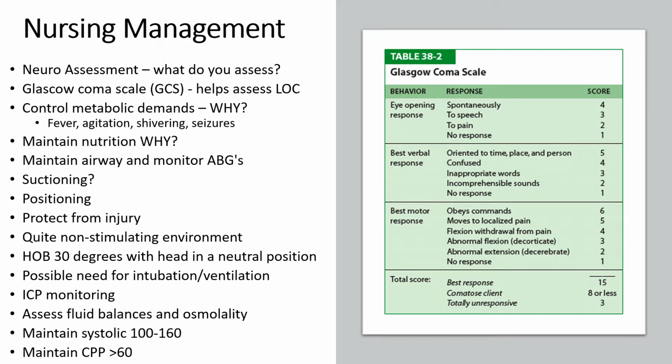So we talked about suctioning, positioning, okay? Do we want to flex the neck at all, or keep it elevated too high? So we want to avoid any neck flexion or elevation of the head of the bed. We do want to promote a little bit of drainage, but we don't want the bed any higher than 30 degrees.